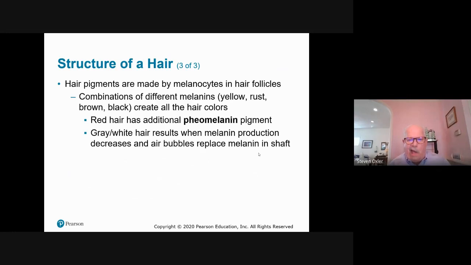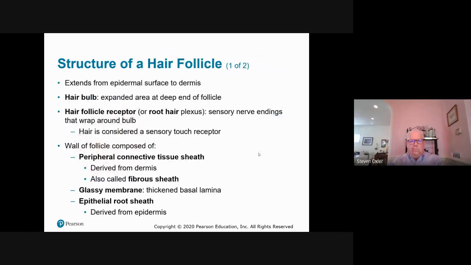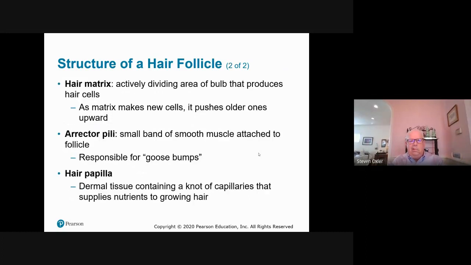As you get older and you lose melanocytes, your hair will turn white or gray. So to have white or gray hair means you have lost the melanocyte making of the pigment melanin. I am not going to ask you any questions on the structure of a hair follicle. Not important.